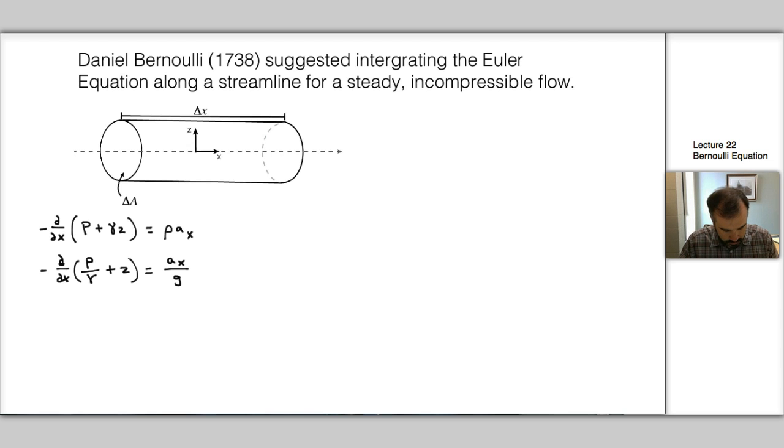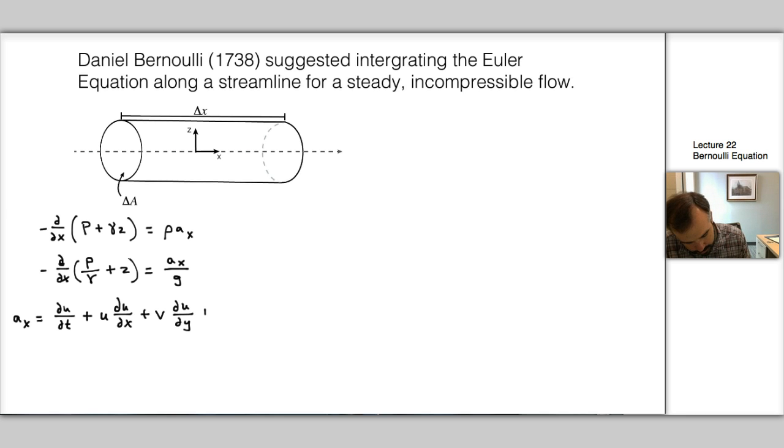All right? So the next thing I'd like us to do is let's think a little bit about the acceleration in the x direction. If you recall from the video on acceleration, ax is equal to du over dt plus u du over dx plus v du over dy plus w du over dz.